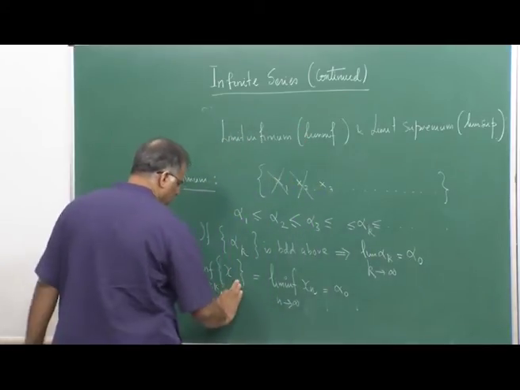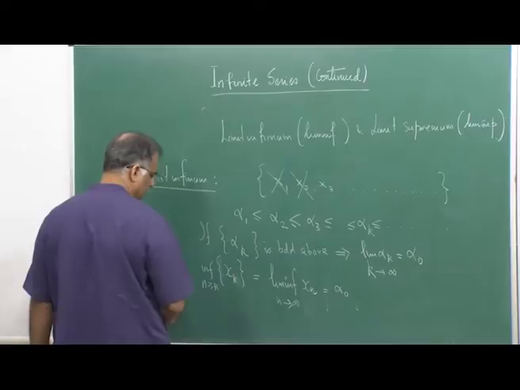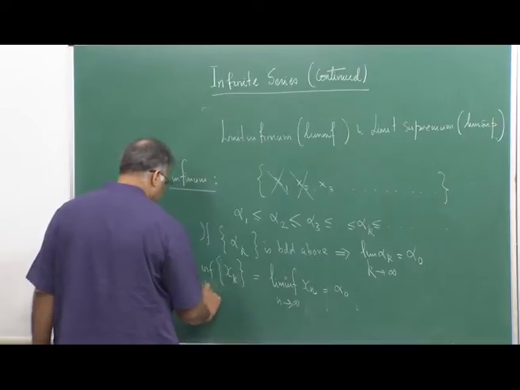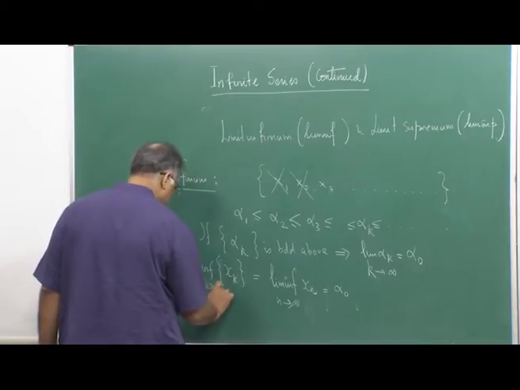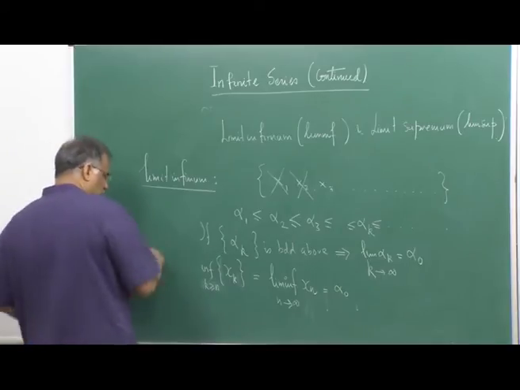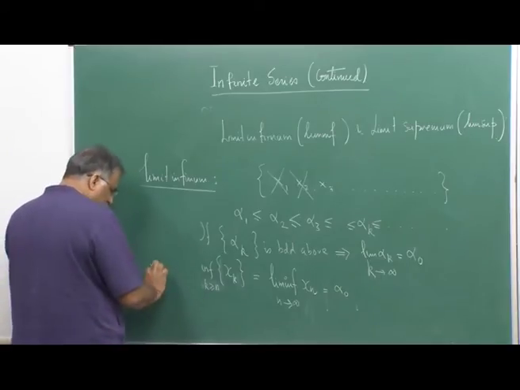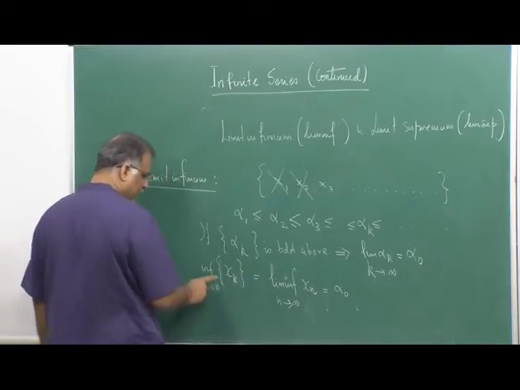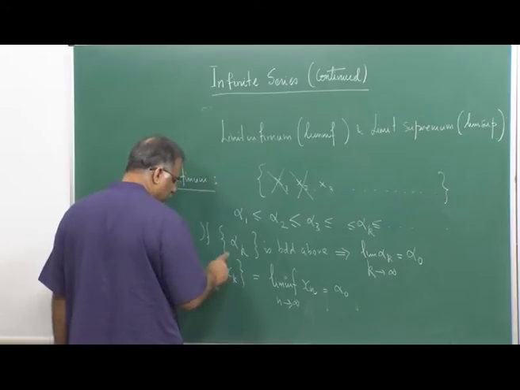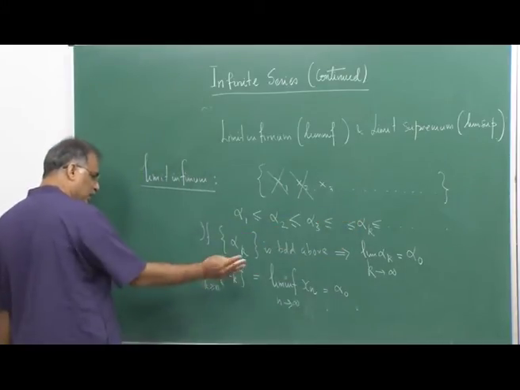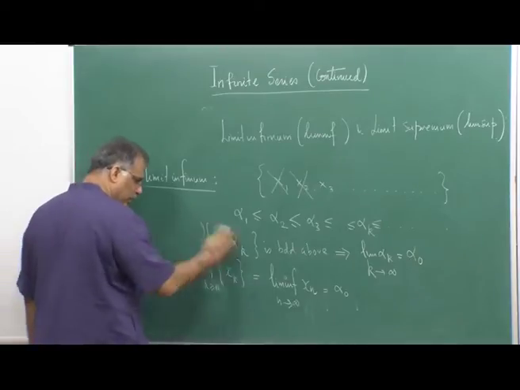So I have the sequence xk, exactly k greater than or equal to n. I will always like to write limit n tends to infinity because I have written n tends to infinity. So k is greater than or equal to n. So these are sequences which start from xn plus 1, xn plus 2, and so on. Up to xn minus 1 I have removed. So I have got an infimum of that.